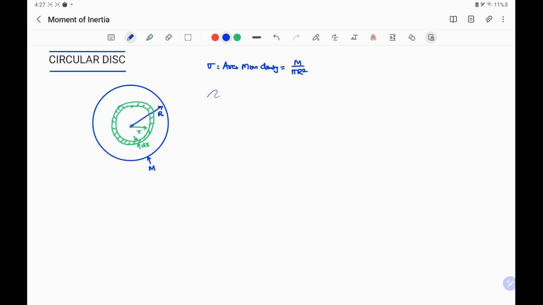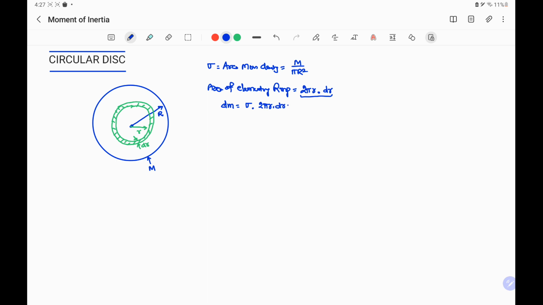So we can say that the area of the elementary ring is equal to 2 pi r, this is the circumference, into thickness. So area will be 2 pi r dr. So elementary mass will be equal to mass density sigma into area, that is 2 pi r into dr.